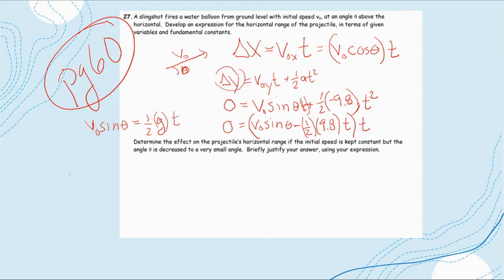Then I end up getting that time equals 2 V initial sine theta divided by g.